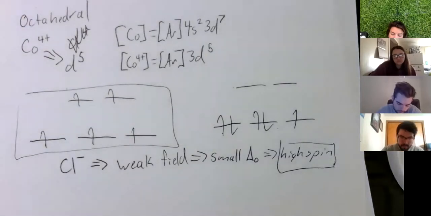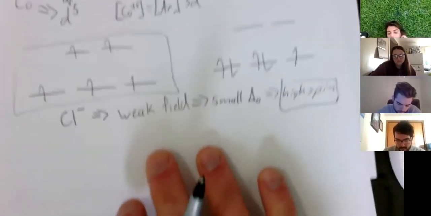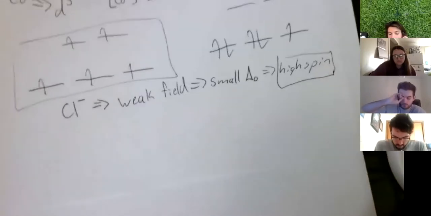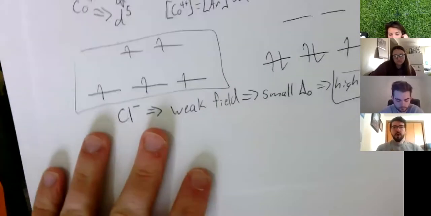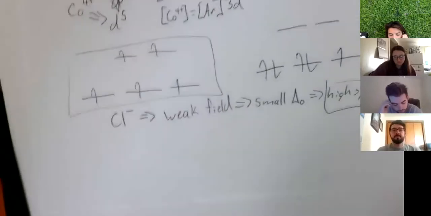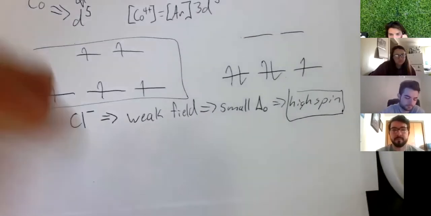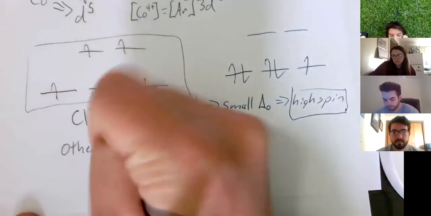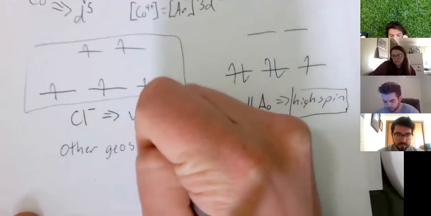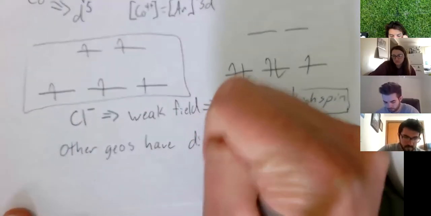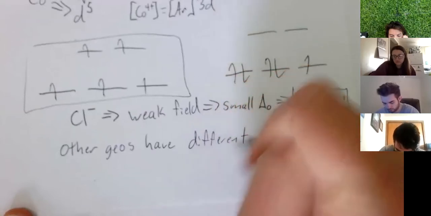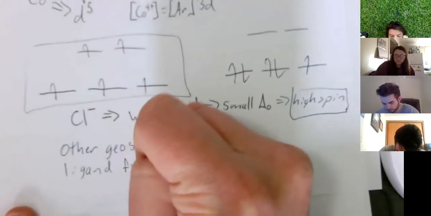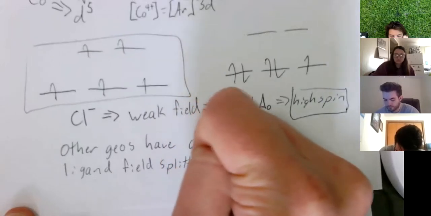So one more thing I want to point out is that other fields, like we said, depending on if you have square planar, trigonal bipyramidal, and so on, you have different splittings. So other geometries have different ligand field splitting energies.